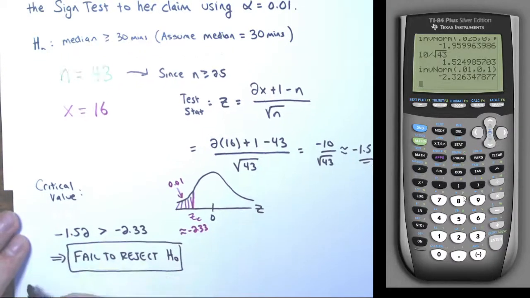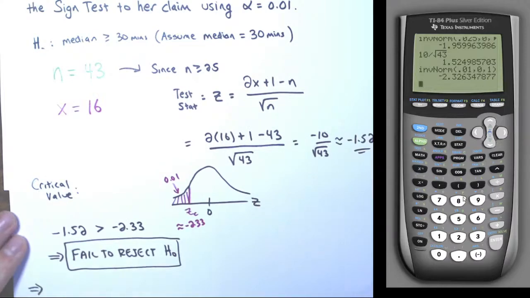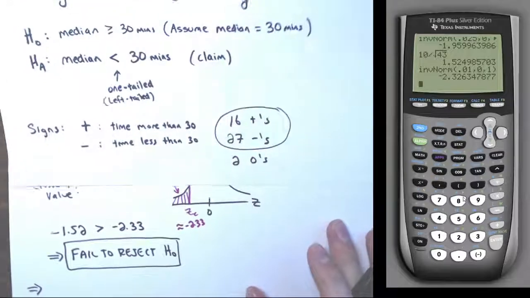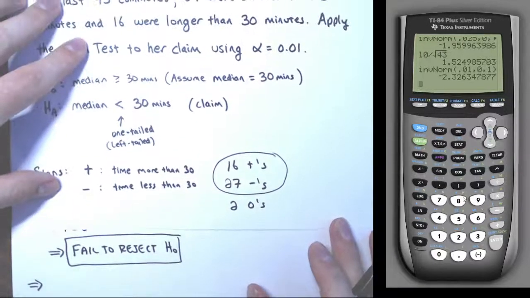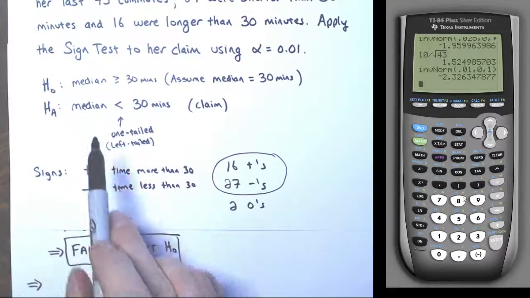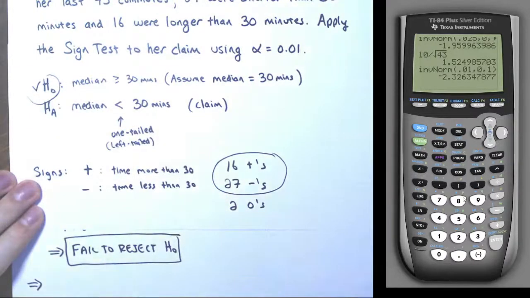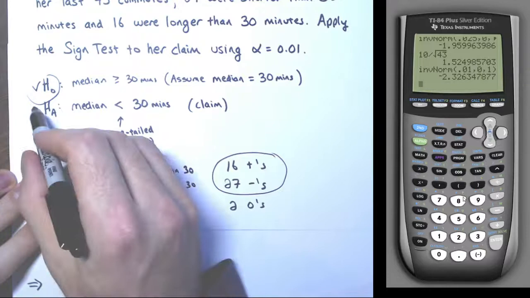And then my conclusion: just pay attention to where the claim was and whether or not you failed to reject the null hypothesis. The claim was in the alternate. I didn't reject the null, so I'm keeping it, meaning I'm not supporting the claim.